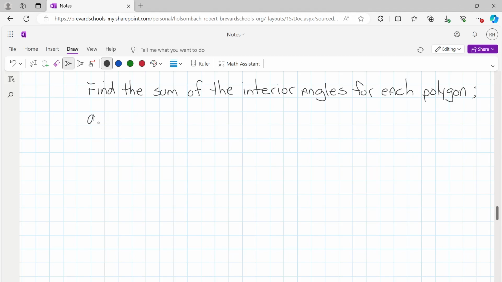And let's say you're given a hexagon. What you do is you determine the number of sides that the polygon has. Hexagon has 6 sides, so we take 6 minus 2 and multiply it by 180. So the sum of the angles of a hexagon is 4 times 180, which is 720.